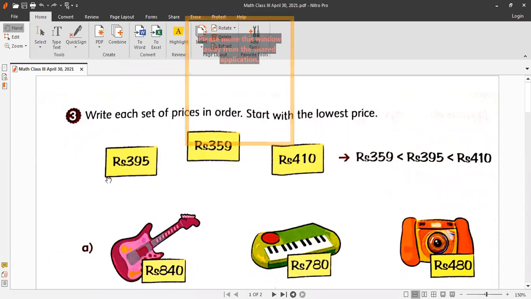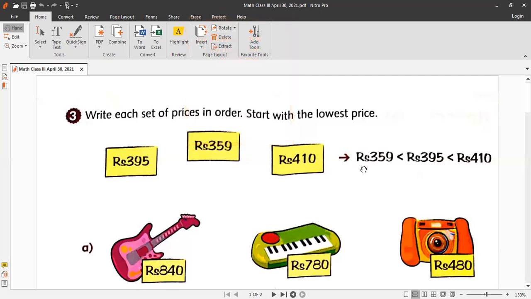You can see there is an example. The first one is Rs 395, the second one is Rs 359 and the third one is Rs 410. First we have to find which one is the smallest of these three. The first one is not the smallest; the second one is, that is Rs 359.